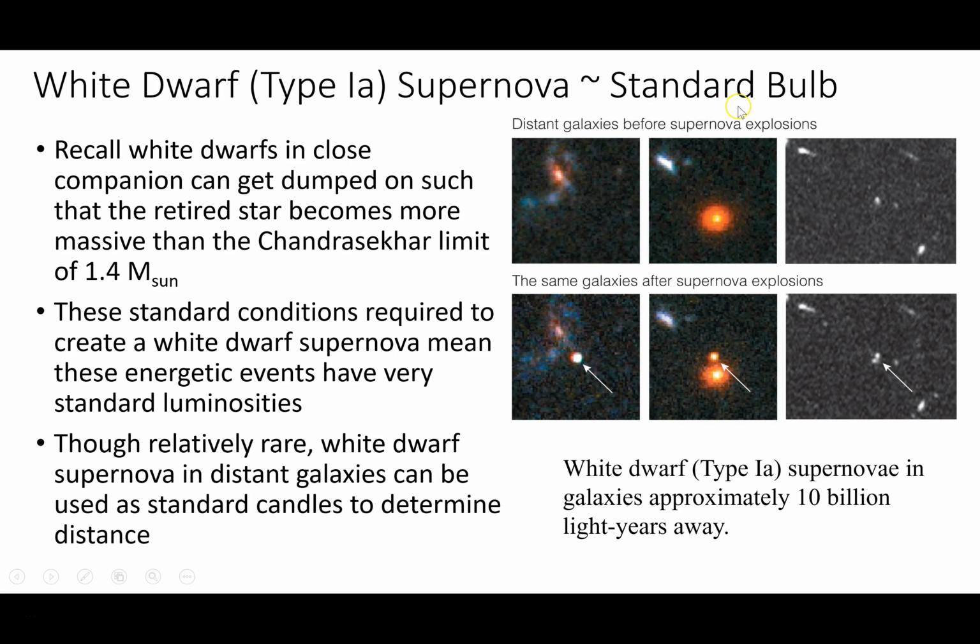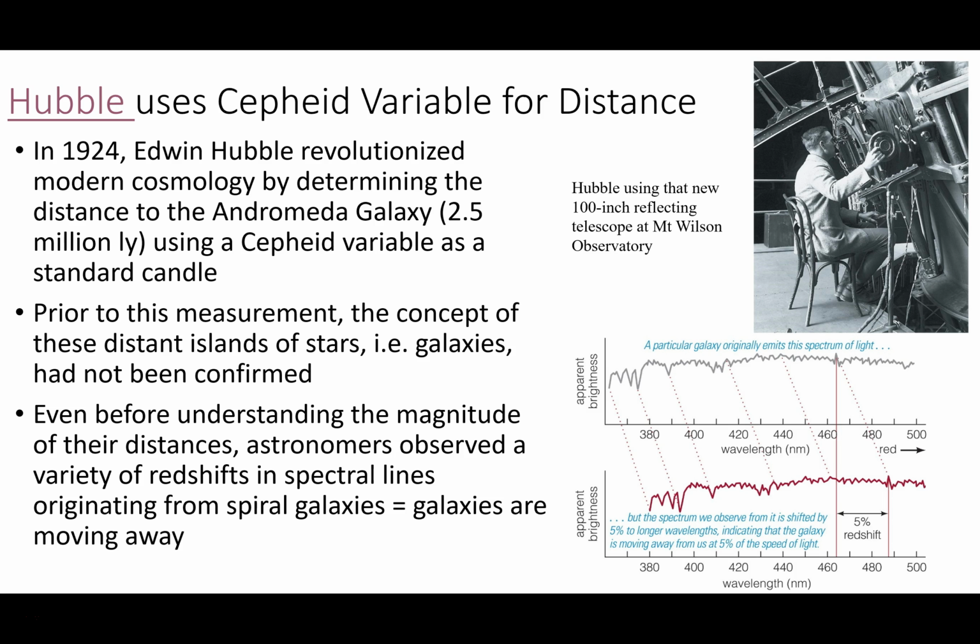A standard candle means that we know its luminosity, and, like the previous slide said and we talked about in class, if you know its luminosity, you can compare it to its observed brightness, do a little bit of math, and get its distance. So there you go.